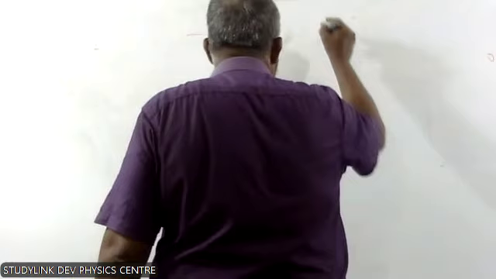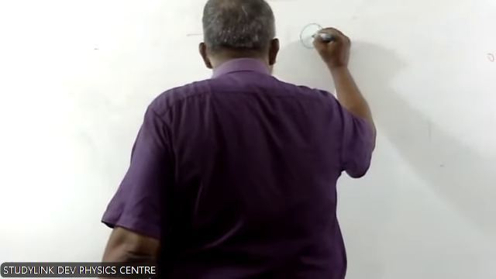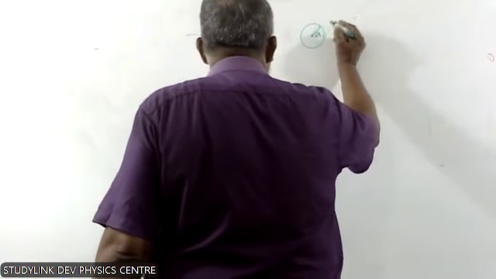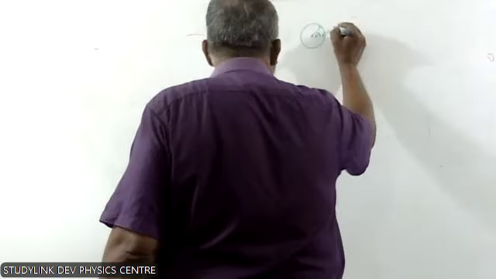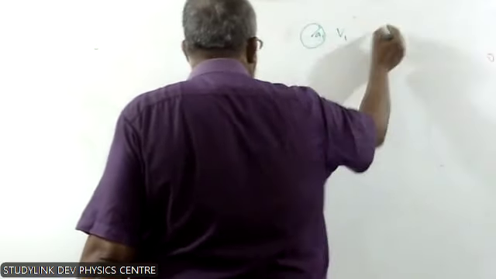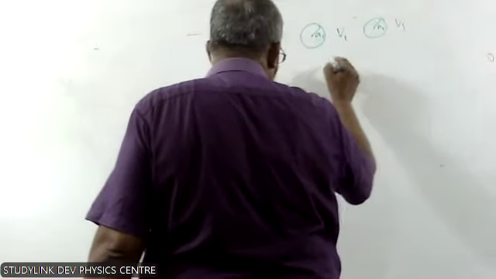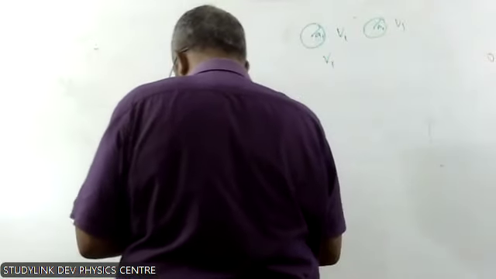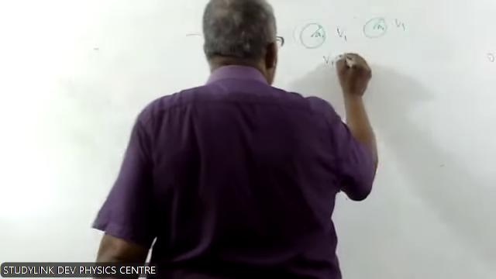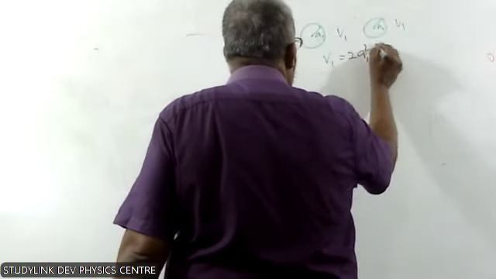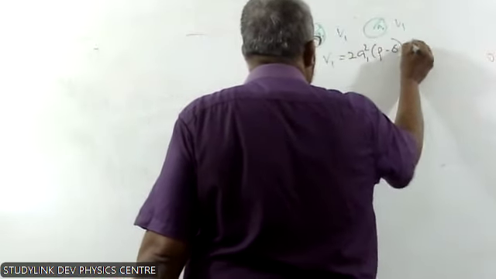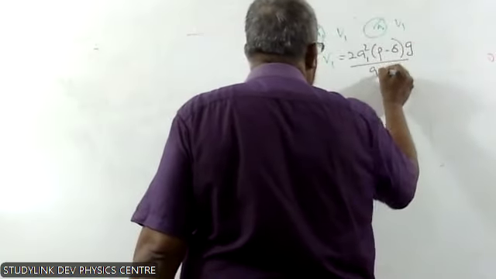We'll consider like this. The radius is A1 and the terminal velocity is V1 initially. There are two drops, A1, V1. For one, we can write V1 is equal to 2A1 squared (rho minus sigma) g over 9 eta.